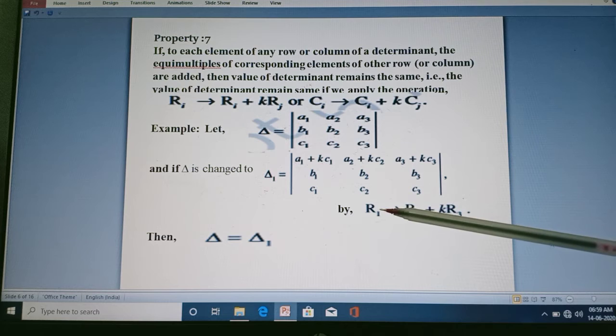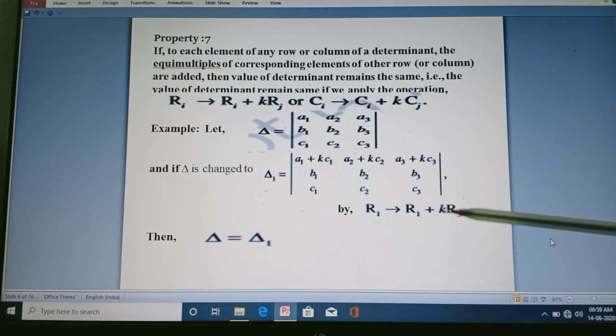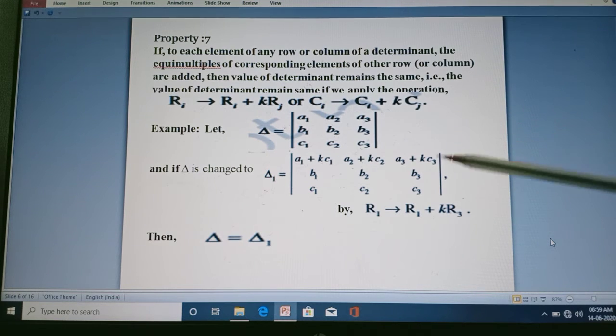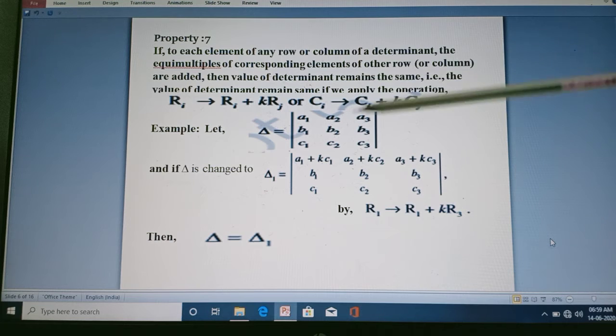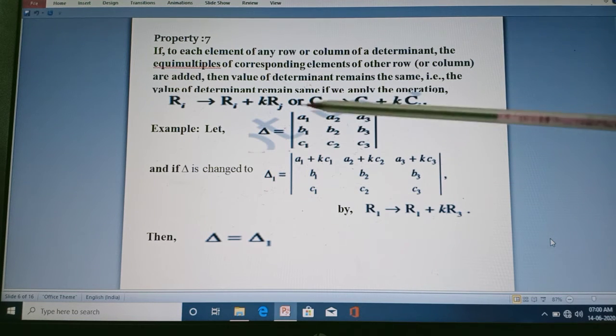K may be 1, k may be 2, depending on the suitable constants in the question. It may be any integer, and we can change any particular row or column using such operations. In that case, the value of the determinant remains the same.